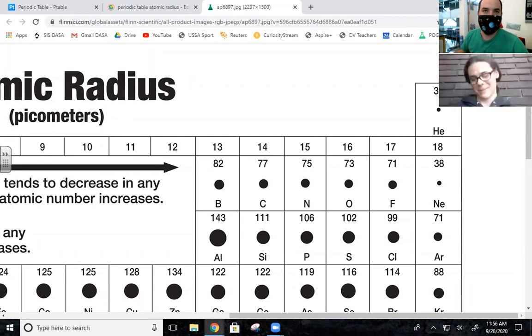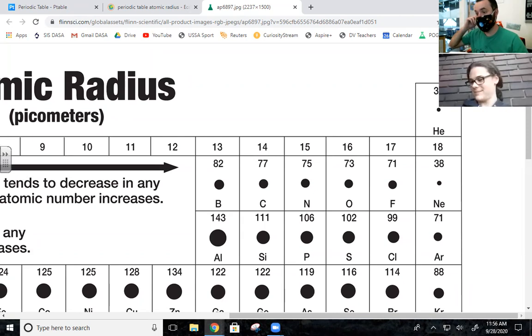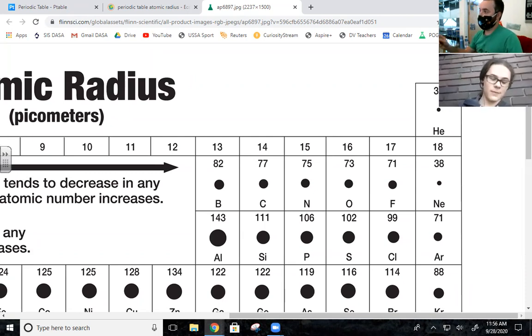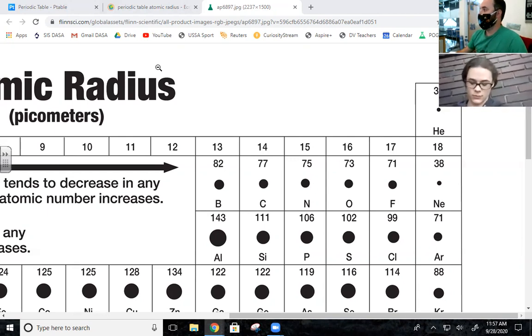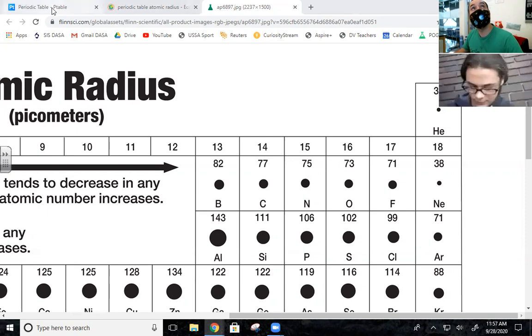Okay, so let's get started. Moving on after atomic radius. Is there anything else that you wanted to talk about there? So atomic radius, and Quinn, you already anticipated this, is connected to ionization energy, right? Remember that ionization energy is connected to Coulomb's law, right?